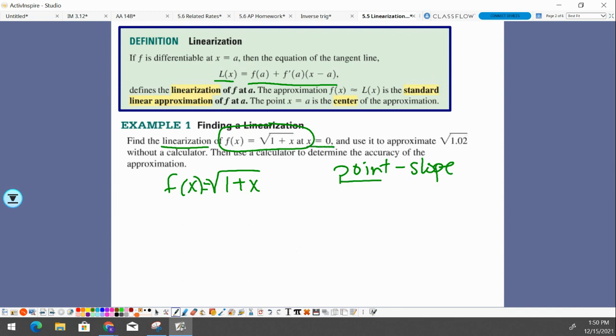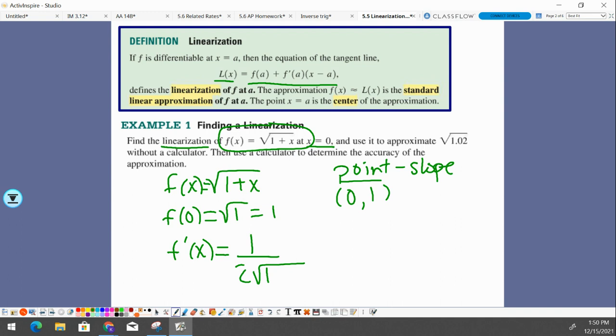If we are looking at X equals 0, you just plug 0 into the equation to find its Y value. That's just the square root of 1, which is 1. So the coordinate point we're going to use is 0, 1. The slope we find from the derivative. So first I take the derivative, F prime of X, which is 1 over 2 square root of 1 plus X. Nothing to chain on because the derivative of 1 plus X is just 1.